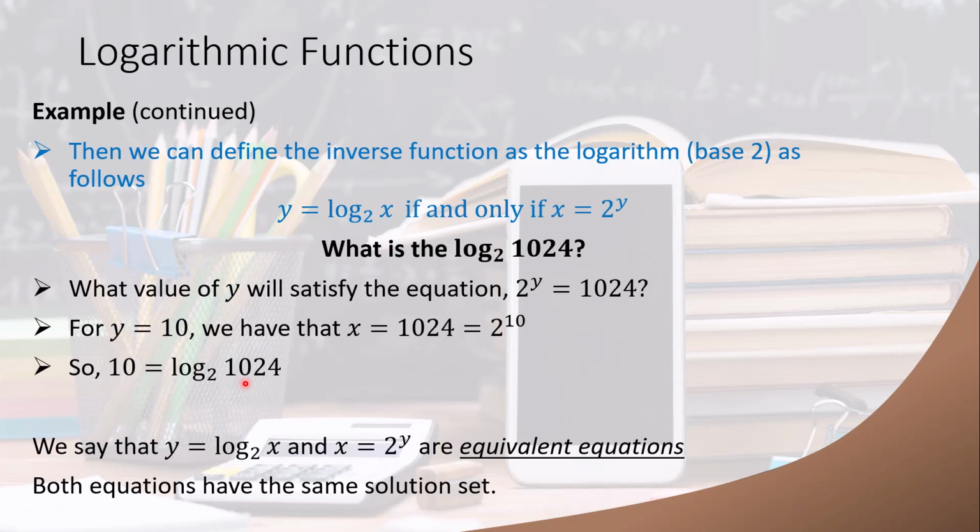And we say that the equation y equals log base 2 of x and the equation x equals 2 to the y power are equivalent equations because they have the exact same solution set. Specifically, the point (1024, 10), where x is 1024, y is 10, are solutions to both of these equations.